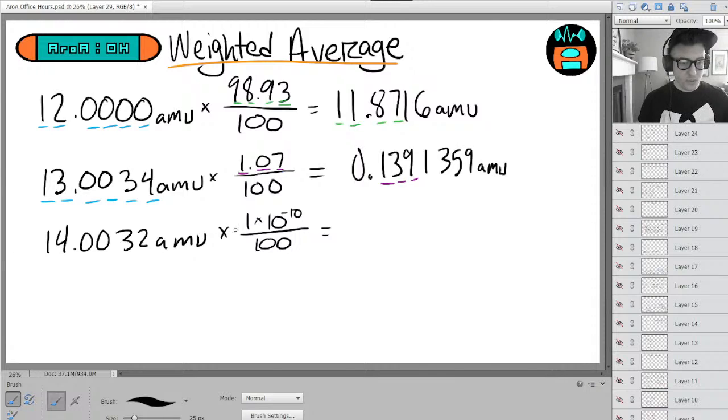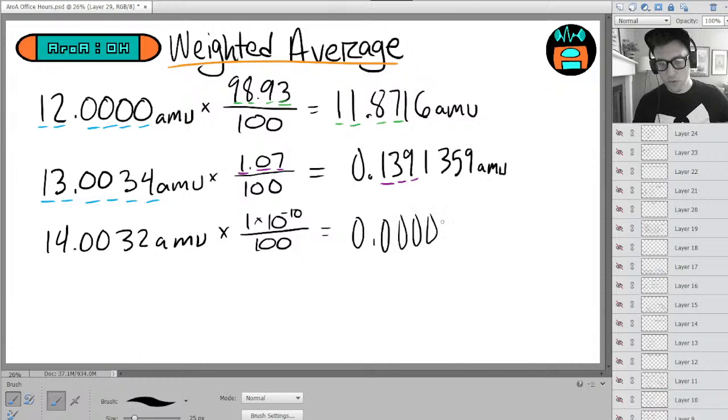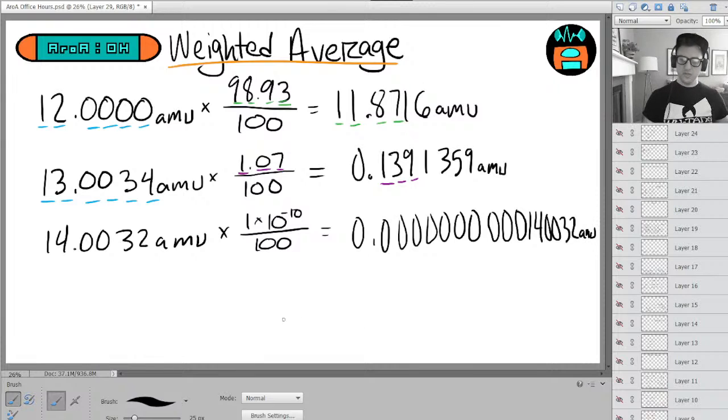Now let's look at 14.0032 times 1 times 10 to the negative 10th divided by 100. This comes out to be 1, 2, 3, 4, 5, 6, 7, 8, 9, 10, 1, 4, 0, 0, 3, 2, AMU. It's a little scrunched there, but we can swing it.